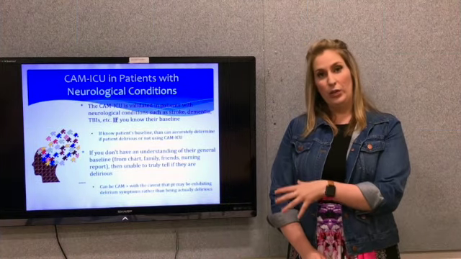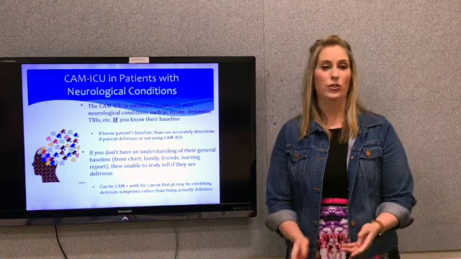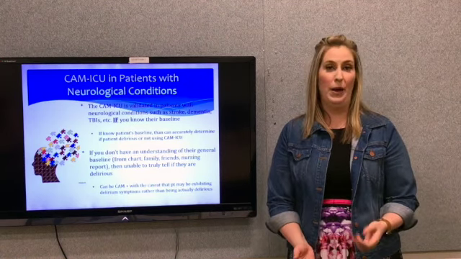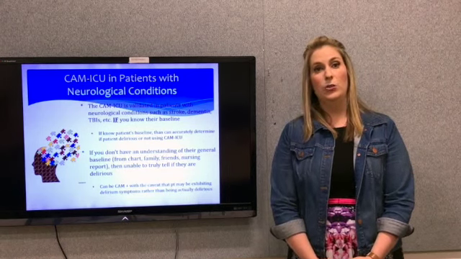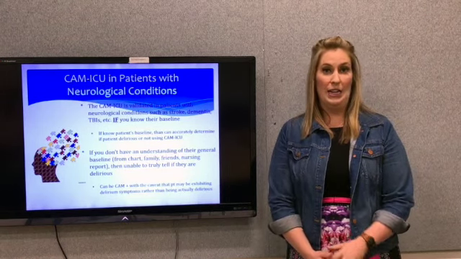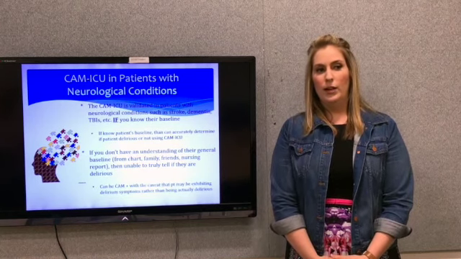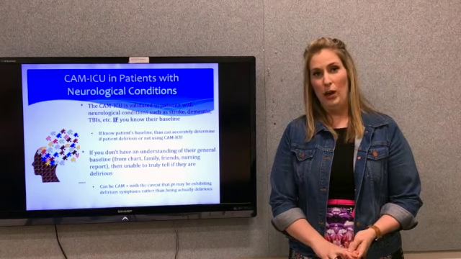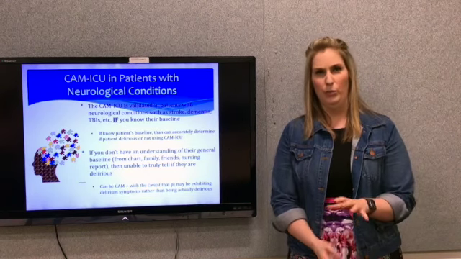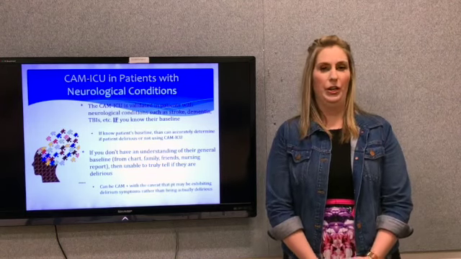This is a little bit more tricky. So CAM-ICU in patients with neurological conditions, either dementia or stroke or a traumatic brain injury, you can accurately assess CAM-ICU if you have an understanding of what their baseline is. In these patients, usually hopefully you'll talk to a family member or a physician that knows them well, like maybe from spinal cord or from any other multidisciplinary team.